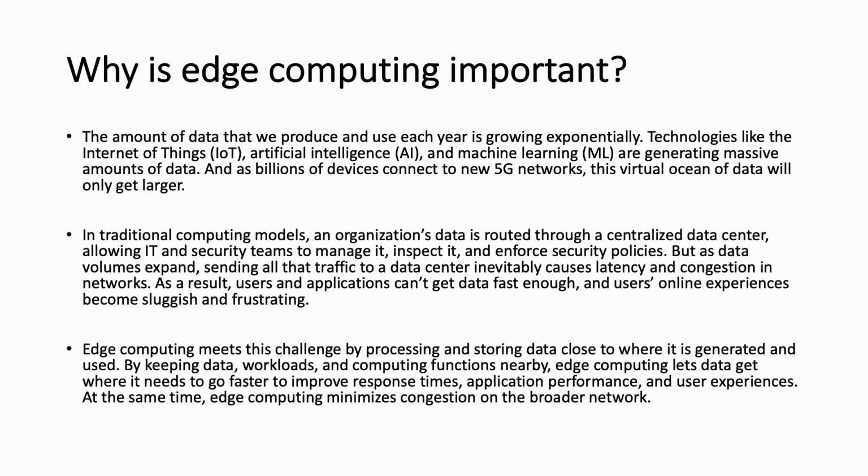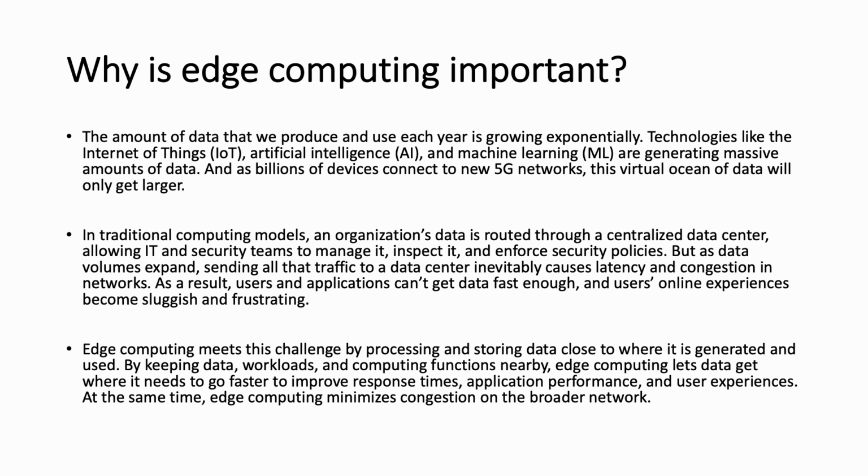But as data volumes expand, sending all that traffic to a data center inevitably causes latency and congestion in networks. As a result, users and applications can't get data fast enough, and users' online experience becomes sluggish and frustrating.